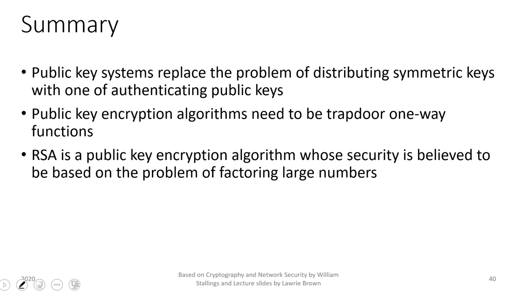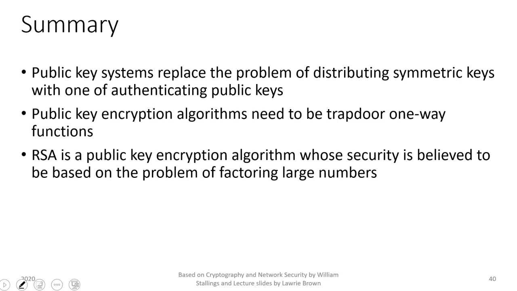The basic idea behind public key systems is we can use them in place of symmetric key systems, particularly for achieving a number of advantages. We can use it for encryption and decryption, which we can also do with symmetric keys. But additionally, we can use this for digital signatures and also for key distribution.